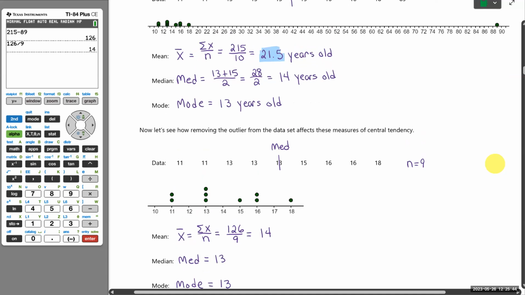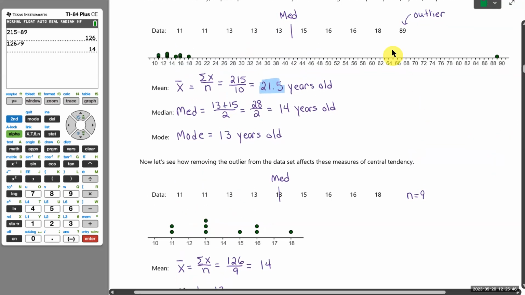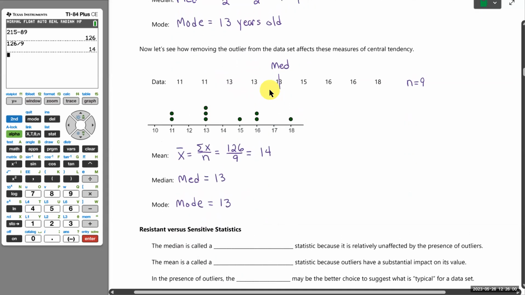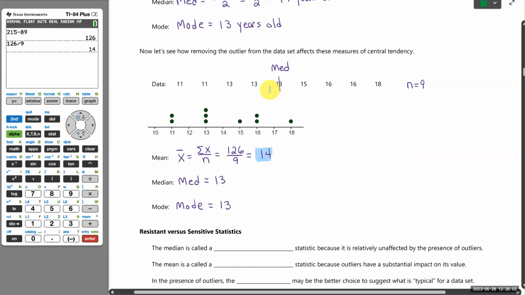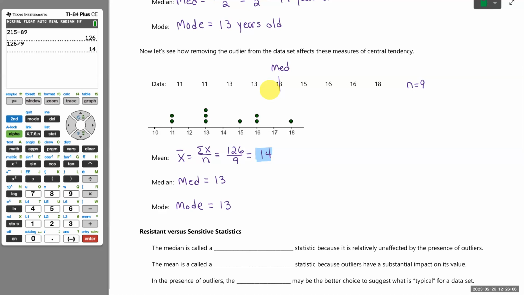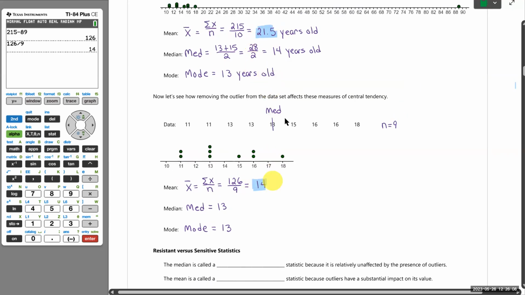So that 89 was having quite a big impact, sort of misleading us into thinking the average was higher than what I would call typical for most of the data. But when I took out that 89, the mean dropped from 21.5 down to just 14. So that outlier had a big change on the mean, with it present versus removed.